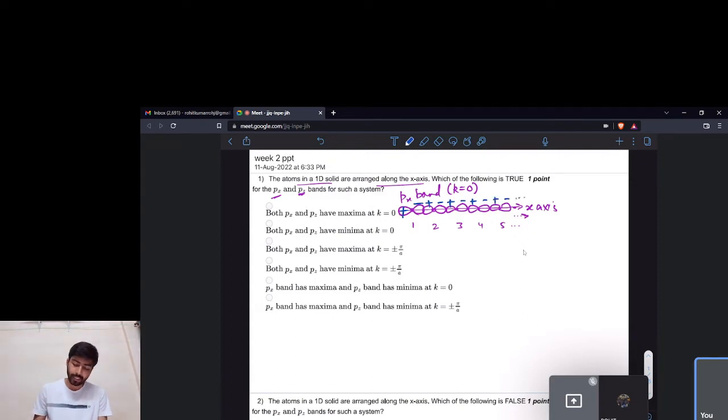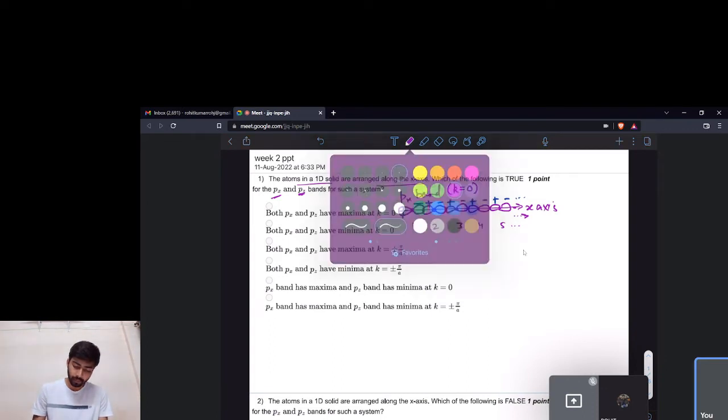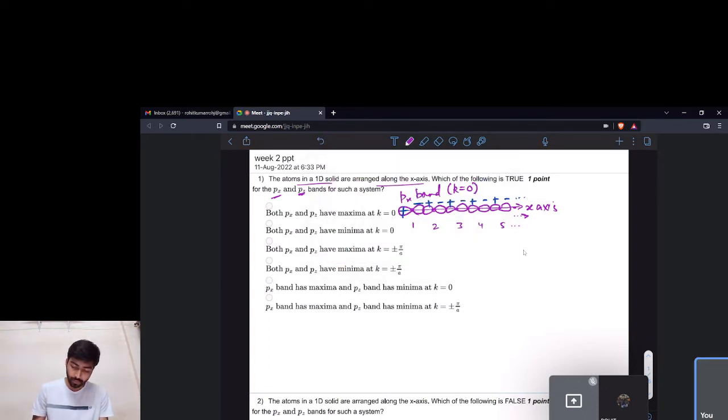Okay, and let us also take another scenario of when k is equal to pi by a for the same chain of atoms. Atoms are present at these positions.